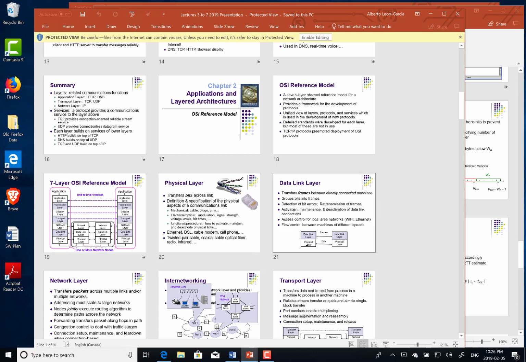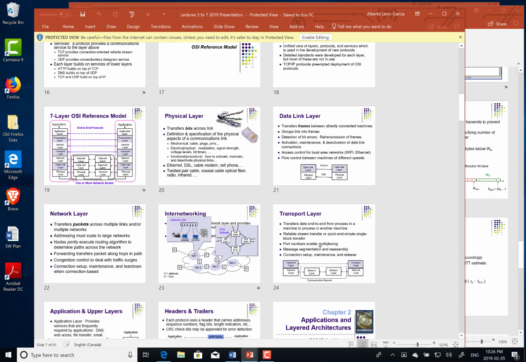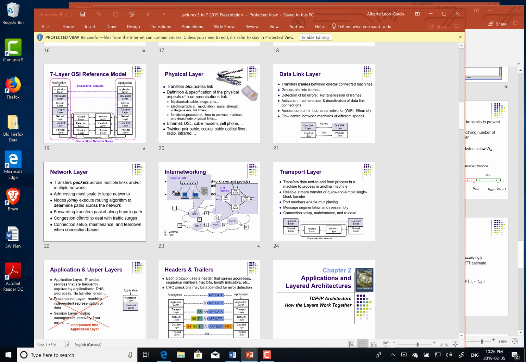Next was the data link layer, which involves the exchange of frames or blocks of information between directly connected machines. Next was the network layer, which involves the transfer of blocks of information called packets across machines that are not directly connected. You have to go over multiple hops. So that's the network layer.